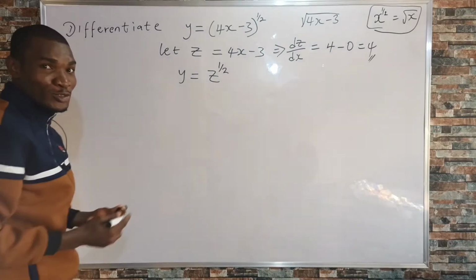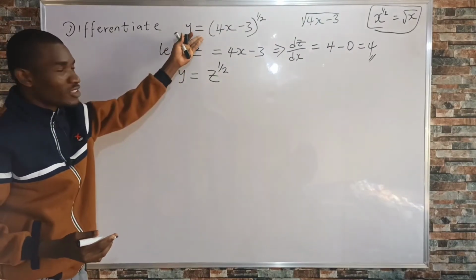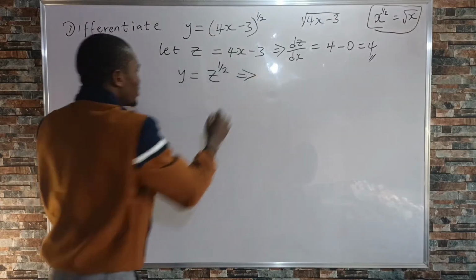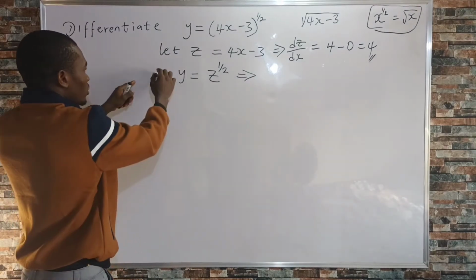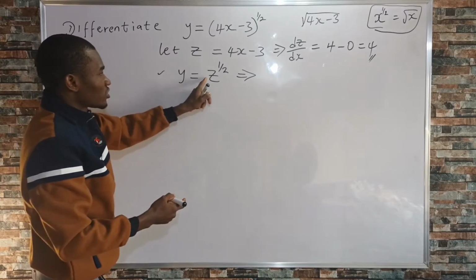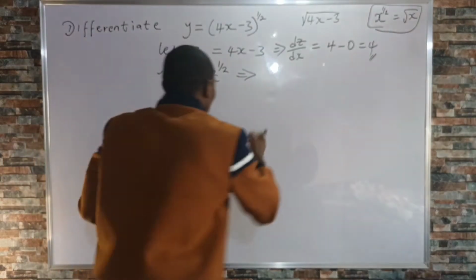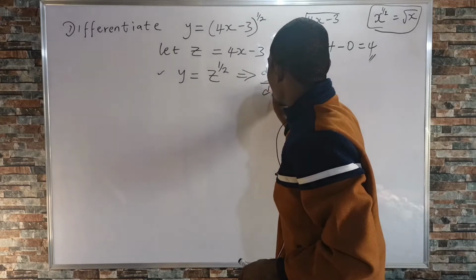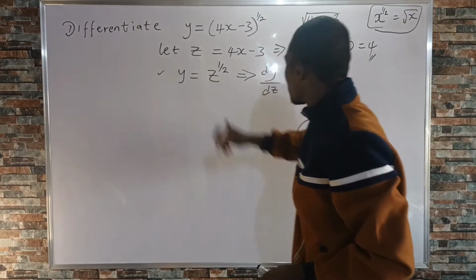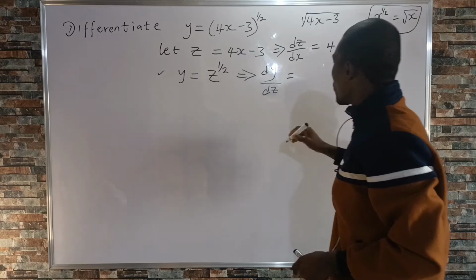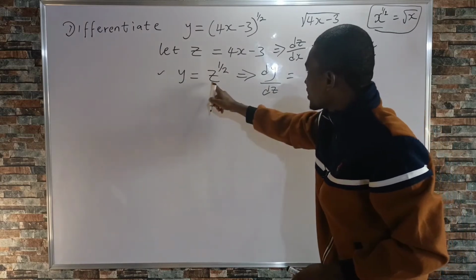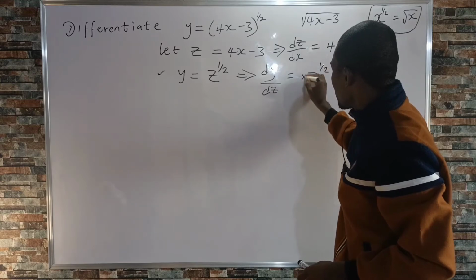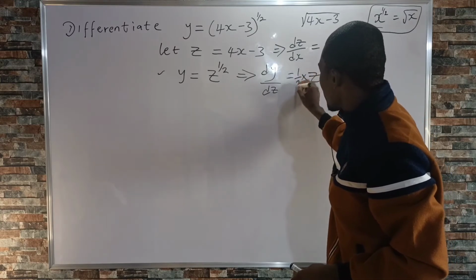Remember that we are trying to use the chain rule, such that when we find the derivative of the function y equals z raised to the power of half, we shall say dy/dz, that is differentiating y with respect to z, and that will be equal to, we shall multiply z raised to the power of half by the power of half, right?